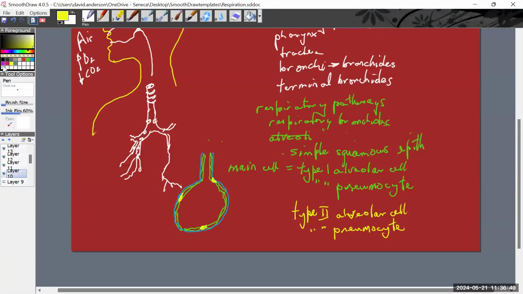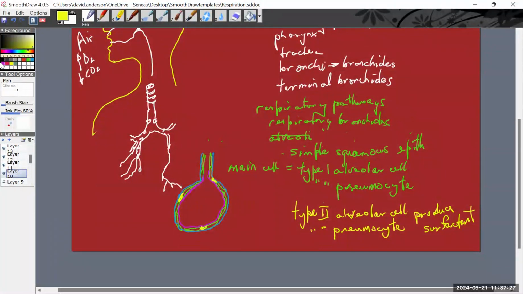And the type 2 cells are important cells. They produce something called surfactant. And surfactant is a fluid, and it lines the inside of the alveolus. So these type 2 pneumocytes produce surfactant.